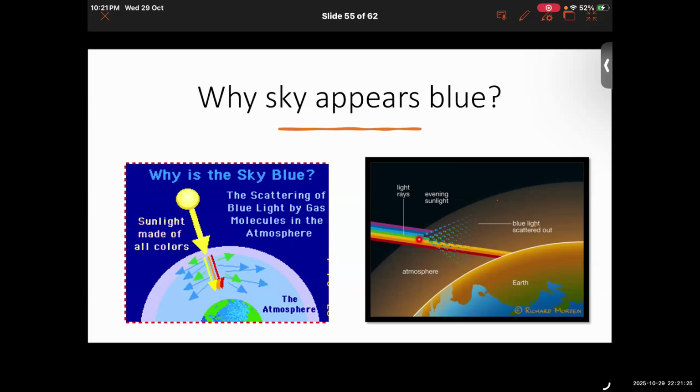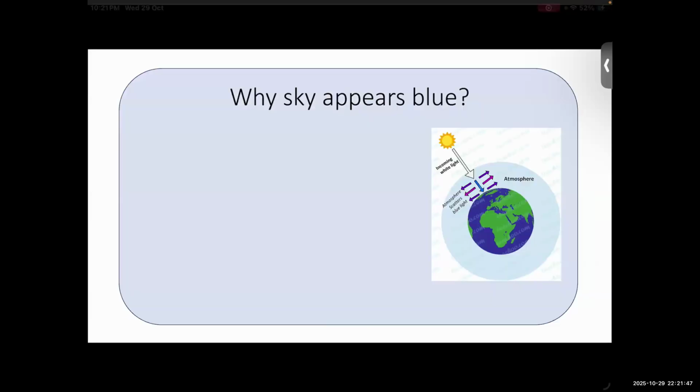But the blue light, violet light, indigo light are scattered the most. You see how they are being scattered into the atmosphere right now. Because of the scattering of the blue light by the gas molecules in the air, the sky appears to be blue.